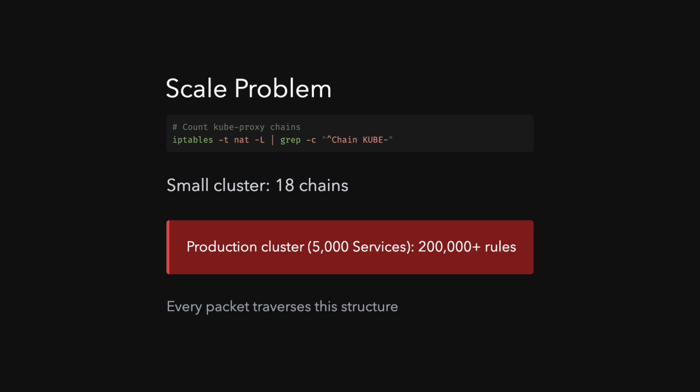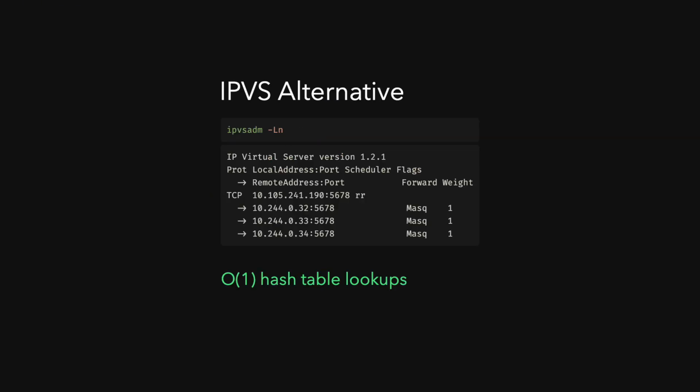You can trace these chains like KUBE-SERVICES, KUBE-SVC, KUBE-SEP to find the problem. In clusters with more than 1,000 services, iptables mode causes measurable latency increase. And the solution is to migrate to IPVS mode or eBPF-based solutions like Cilium.